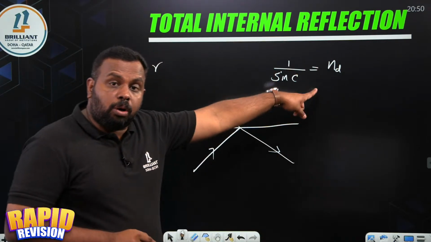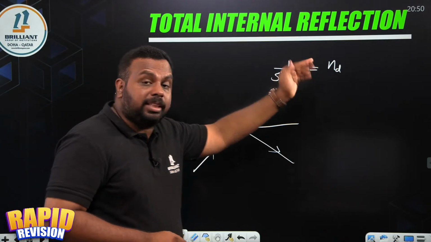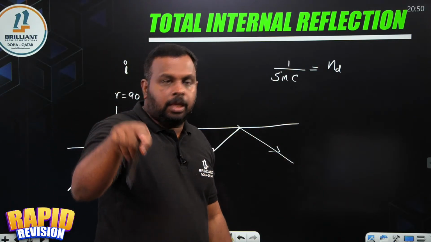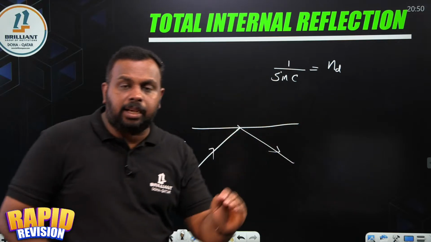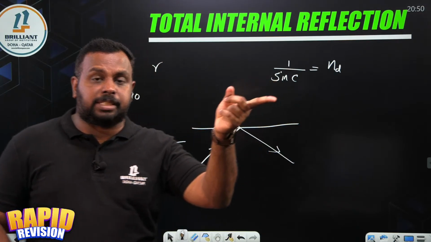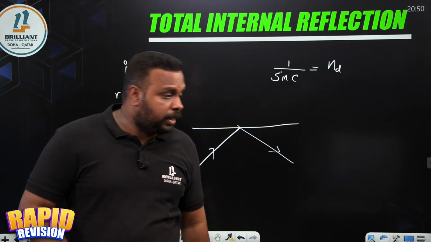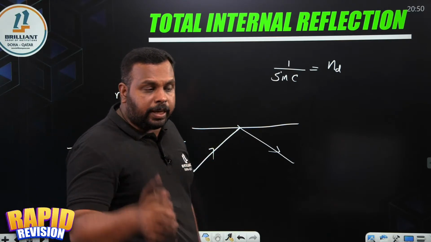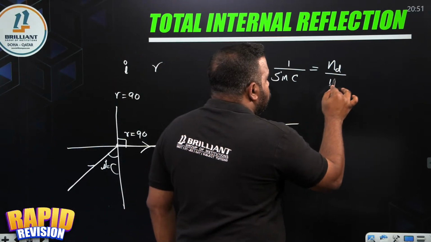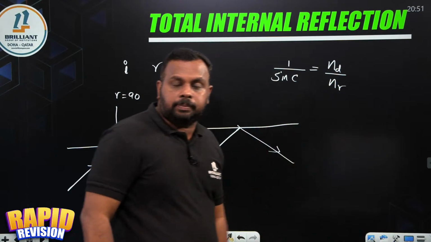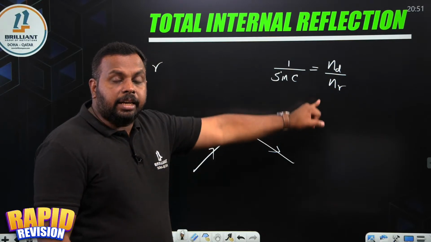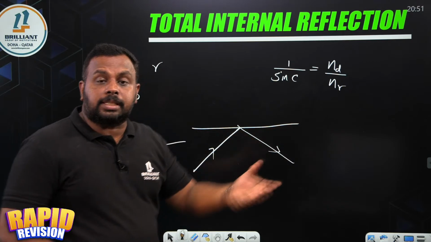Okay, so this formula, 1 by sin C is equal to ND, you can use if the other medium is air. Air means, what is the refractive index of air? It is 1. If it is not air, you have to write like this, ND by NR. What is NR?